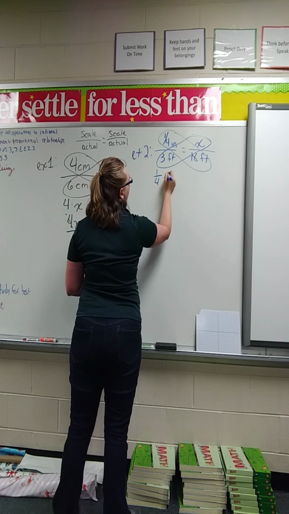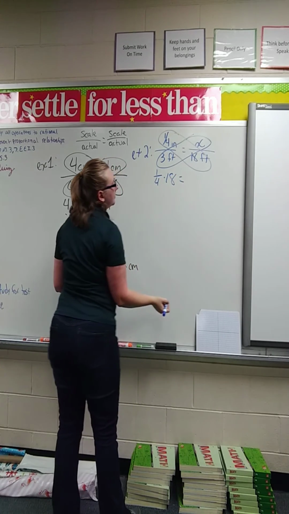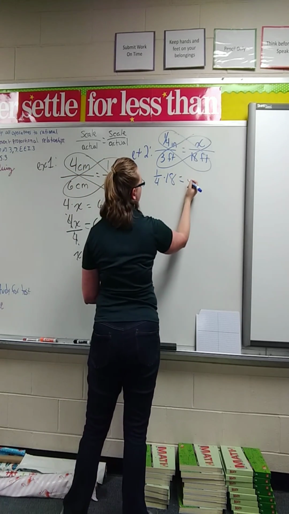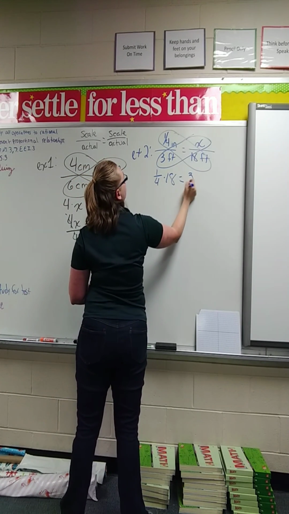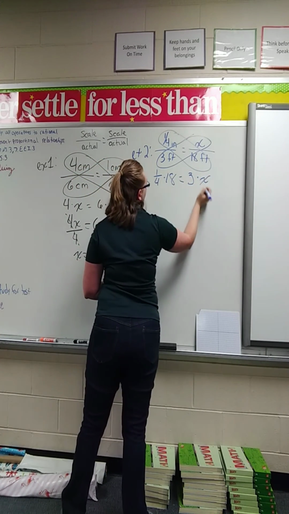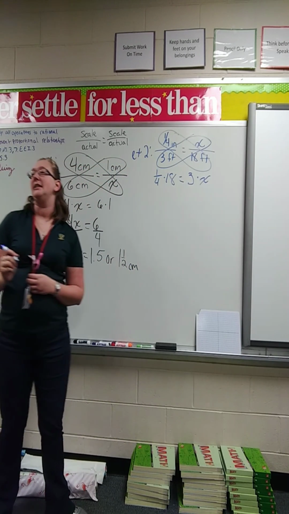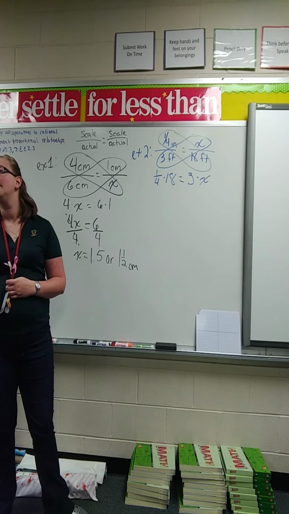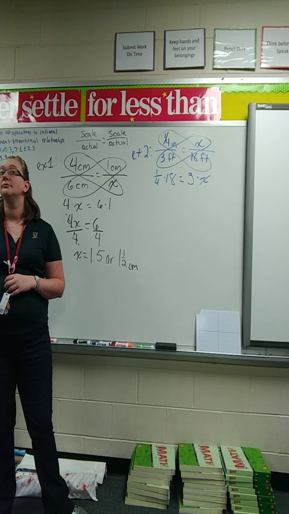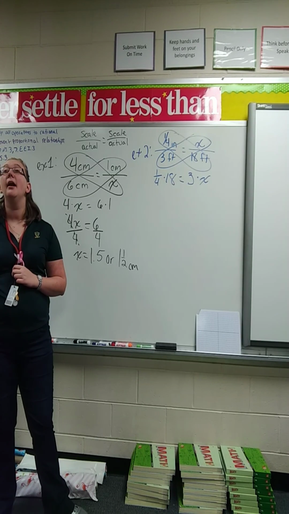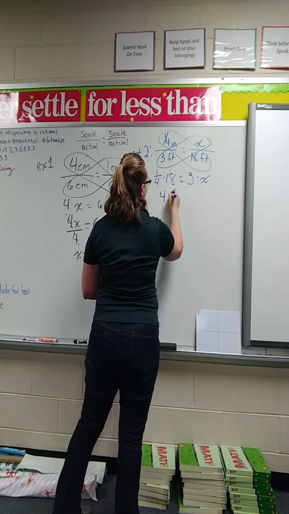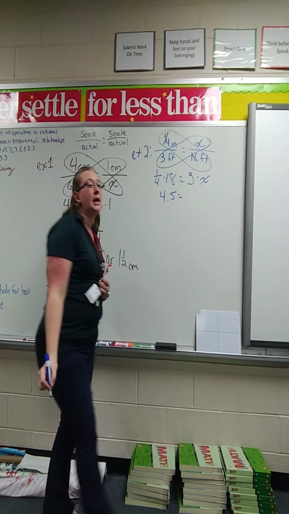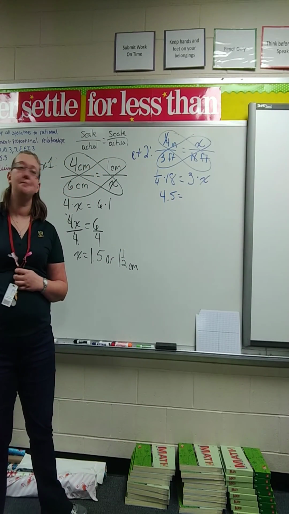1/4 times 18 equals 3 times x. 1/4 of 18 is 4.5. 3 times x simplified is 3x.